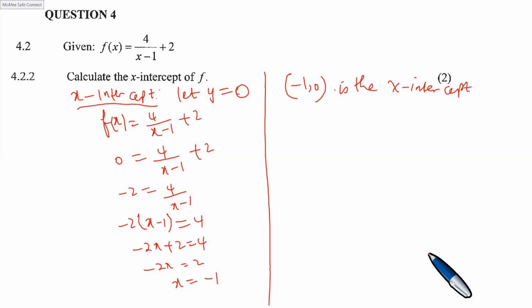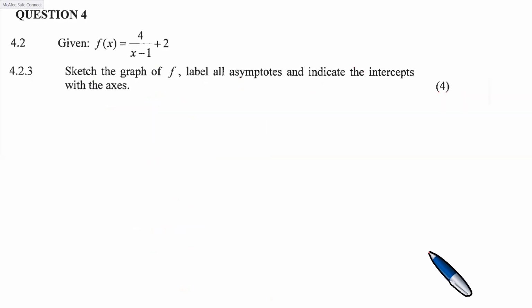The next question is that we continue and solve more things. Sketch a graph of f. Label all asymptotes and indicate the intercepts with the axes. So now we need to draw the sketch.